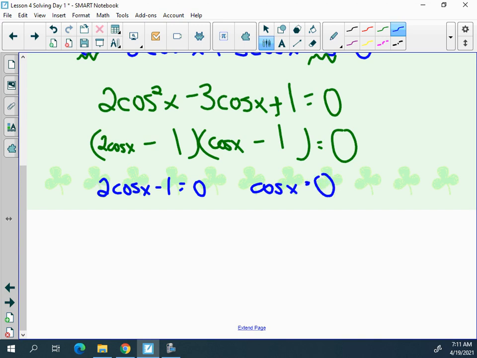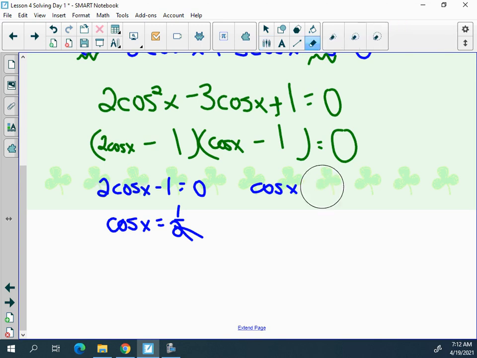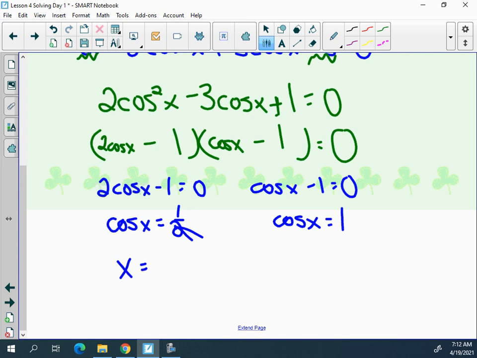And I'm going to add 1 and divide by 2. I get cosine x equals 1/2. Sorry, I dropped off the 1 completely. This is a minus 1, and then I'm going to add 1. So cosine of x equals 1/2.